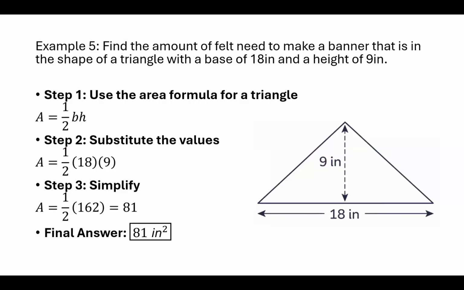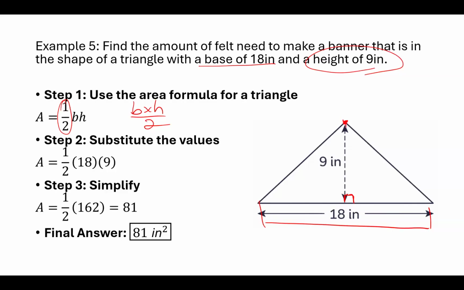If we have a triangle, the formula to find the area of a triangle is base times height divided by 2. You can also write it as 1/2 of base times height. And in this question, the base is 18, which is the length on the bottom. To identify the height, you need to have an angle of 90 degrees that comes from the opposite vertex onto that side.